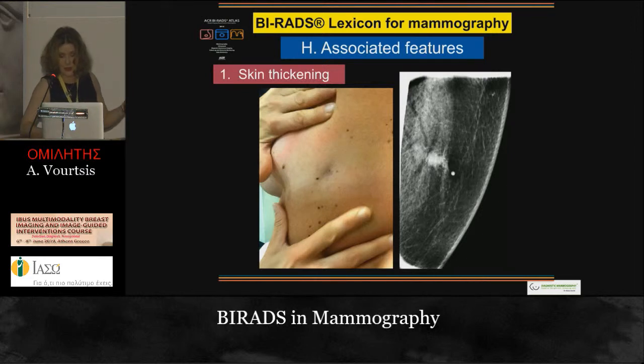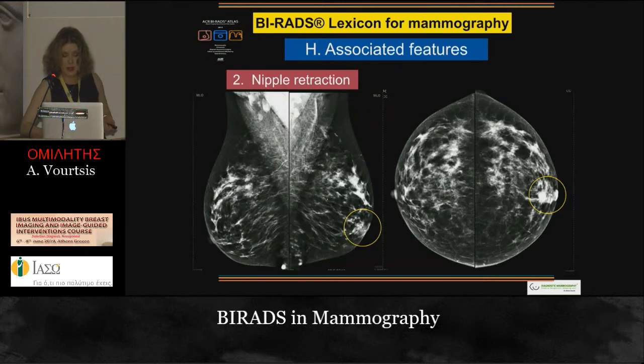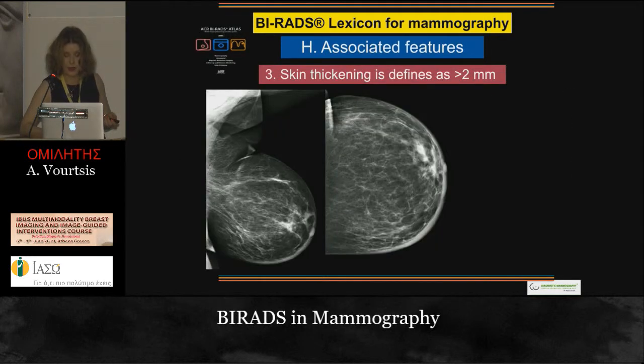Skin thickening, you can all see the mass and the thickening of the breast. Nipple retraction, if it was not there for many years, is a highly suspicious finding. It might represent a mass that is just hidden in the area under the nipple, so it should always be further evaluated.